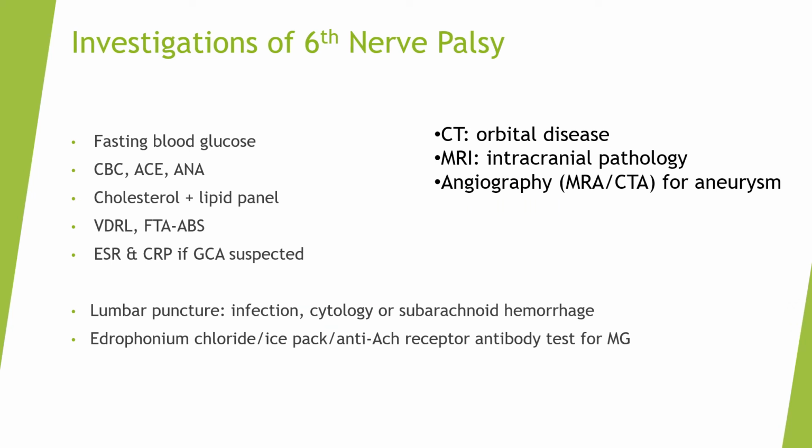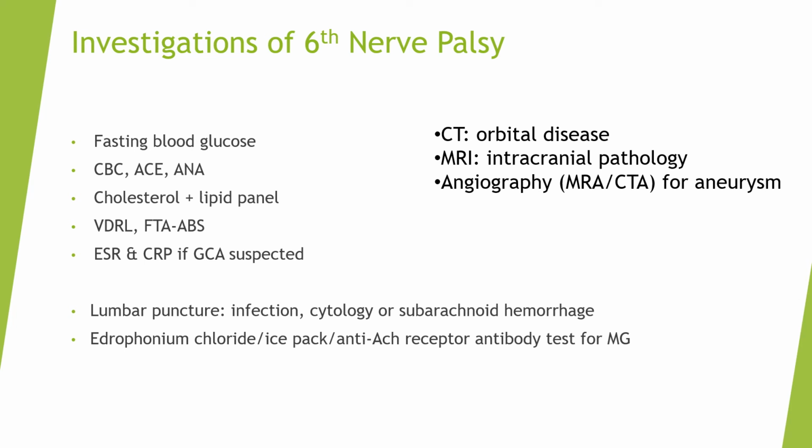Investigations of the sixth nerve palsy would include fasting blood glucose and the CBC, ANA for autoimmune conditions, cholesterol and lipid panels to see if the arteries are okay, VDRL and the FTA absorption test for syphilis, ESR and the CRP for giant cell arteritis as well for patients over 50 years of age with suspected symptom constellations.